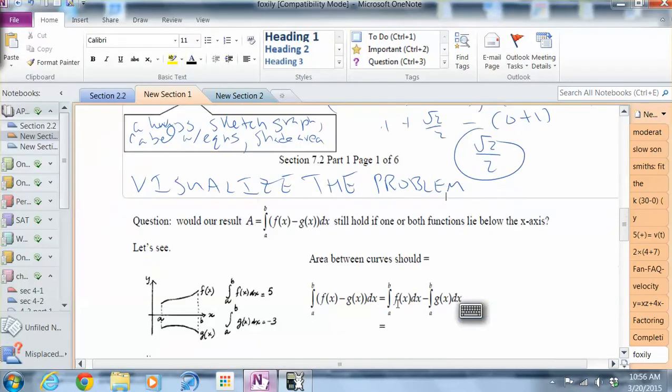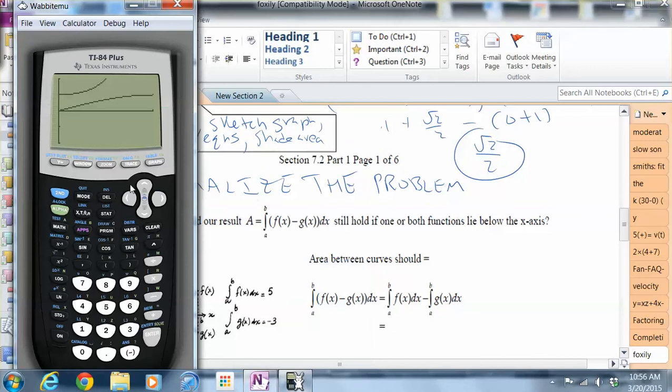Okay. And then, of course, if you want to solve this in the calculator, you can just do alpha window from 0 to 0.25 pi, alpha trace y1 minus alpha trace y2 with respect to x, which is root 2 over 2 if you verify.